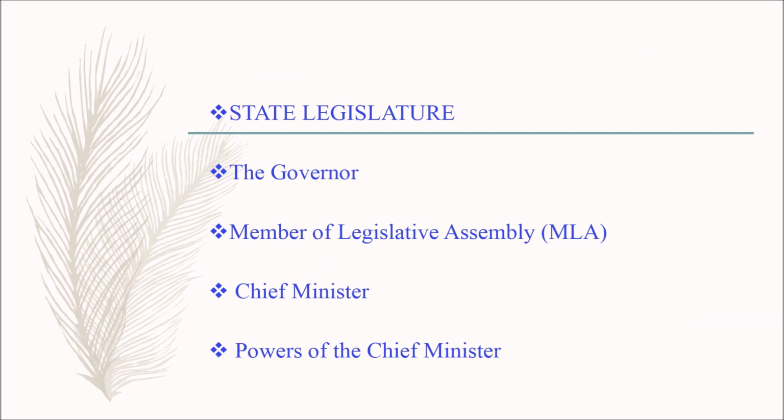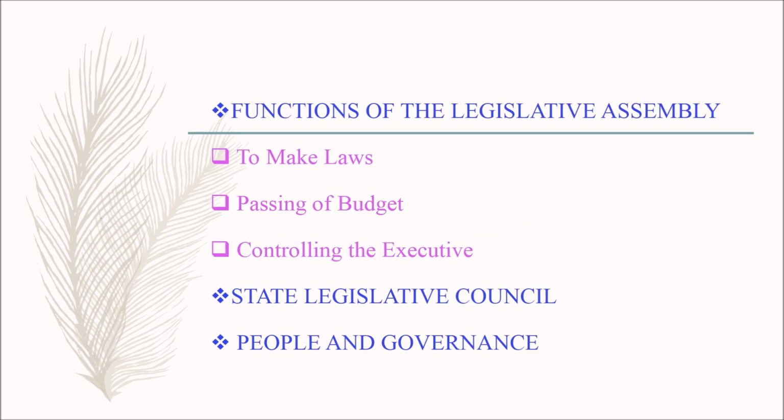Then we have seen state legislature, the governor, member of legislative assembly, that is MLA, chief minister, powers of the chief minister. Then we have discussed functions of the legislative assembly.